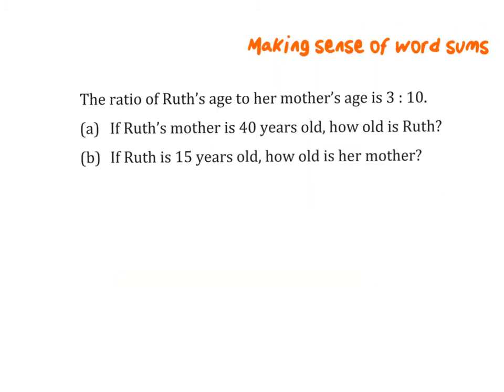But what if the question is given in the form of a word sum? Now you will have to construct your own ratios. Let's consider the following example: the ratio of Ruth's age to her mother's age. Already we know that these are the two things that we are working with. So we have Ruth and we have her mother, which is being compared. You can even put the little ratio sign in there to remind yourself that Ruth's age is compared to her mother's age.